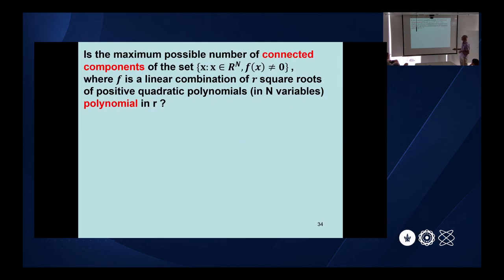And in fact, it also looks like in this theorem about the number of sign patterns of radicals, the dependence on this r, the number of terms, right? If each function is a linear combination of r square roots of a quadratic polynomial, let's say, then it seems that the correct behavior for the number of sign patterns should be better than what we get.